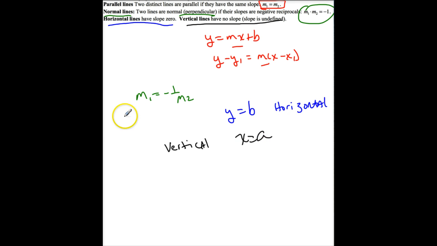All right. Now, let's look at this right here. Suppose I have a slope of -4, and my line goes through the point 1, 2. What would the line look like? Well, I have a point and a slope, so let's use the point-slope formula. y minus y1 is m times x minus x1.